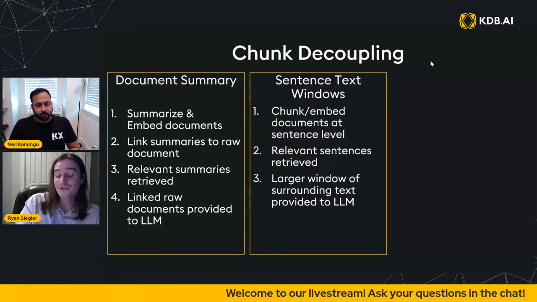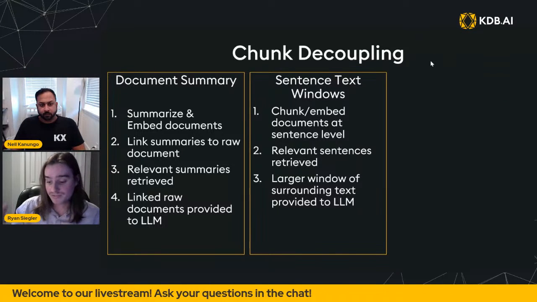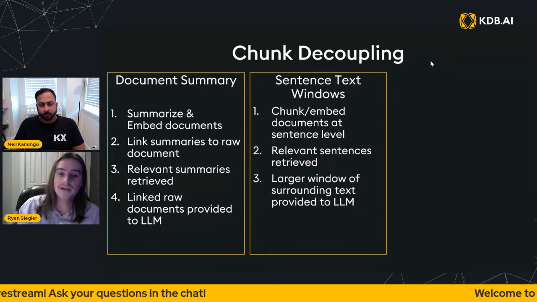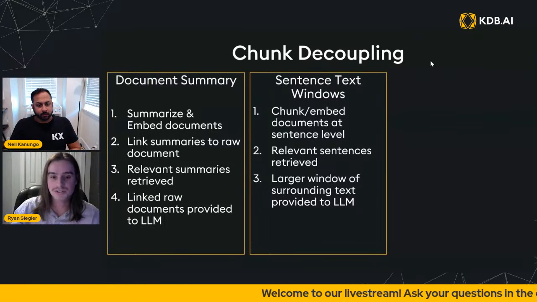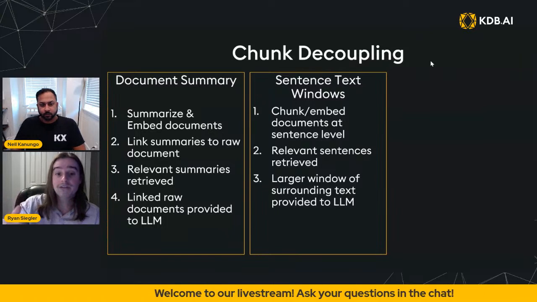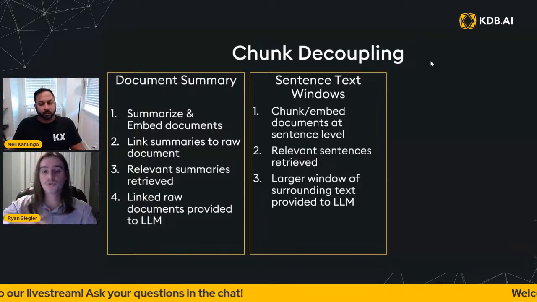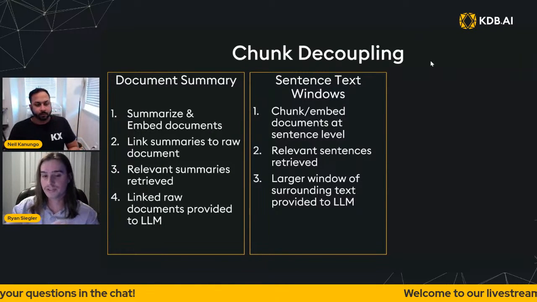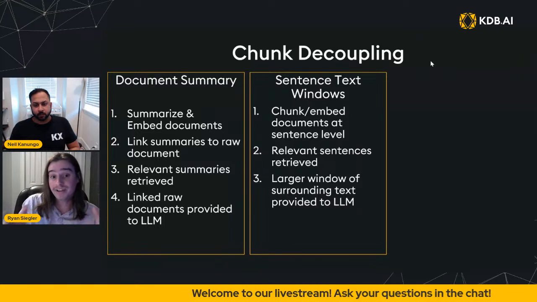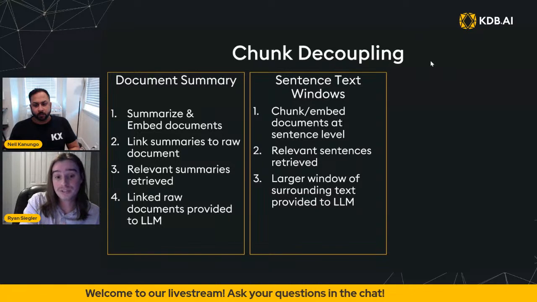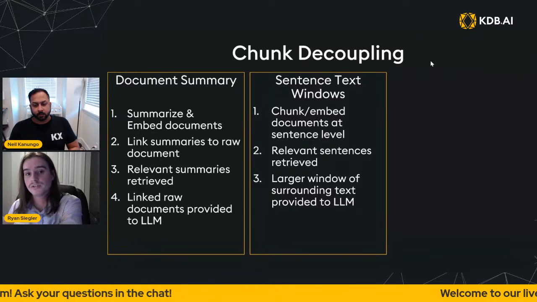But if you were to provide only the sentences as context for generation for the LLM, it's really not the best solution, because you're just providing so little context within the sentence itself. So the method is to take that sentence and then pass a larger window of text surrounding that sentence to the large language model instead of just the sentence itself. So this is a really good way to get a highly accurate retrieval, and then also pass in a lot of context to the LLM for generation.